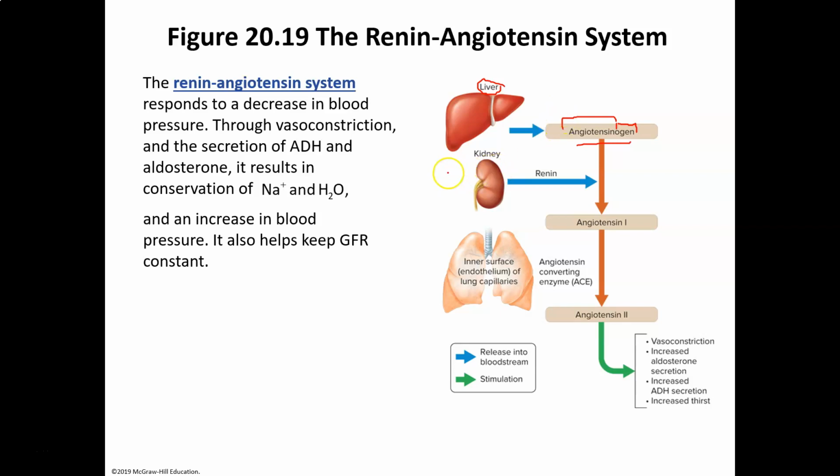Your kidney senses a decrease in blood pressure. So how does it do that? It has baroreceptors that are part of the juxtaglomerular complex, right where the afferent and efferent arterioles enter and leave the glomerulus.